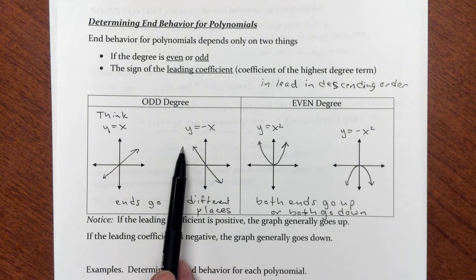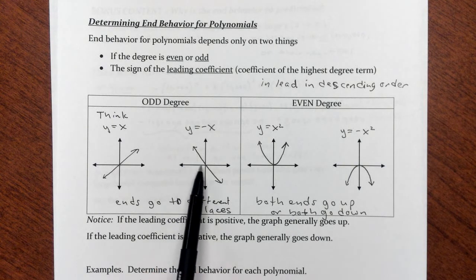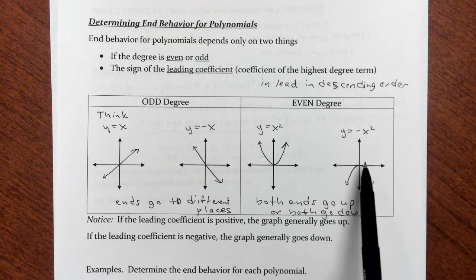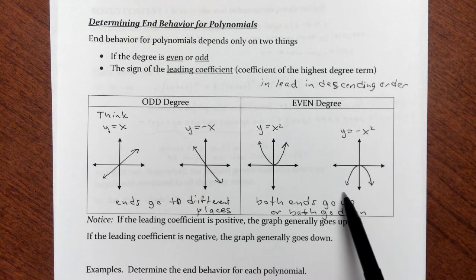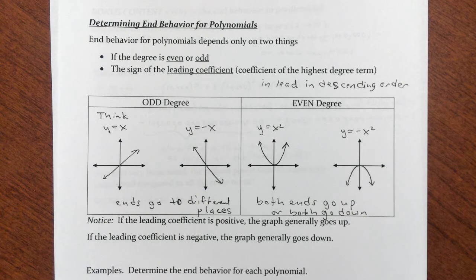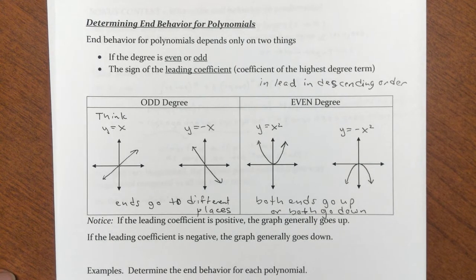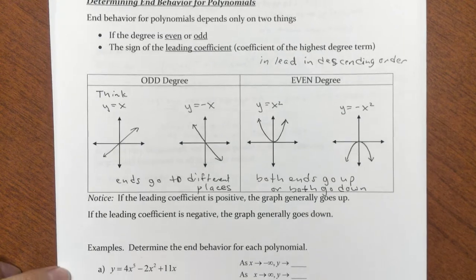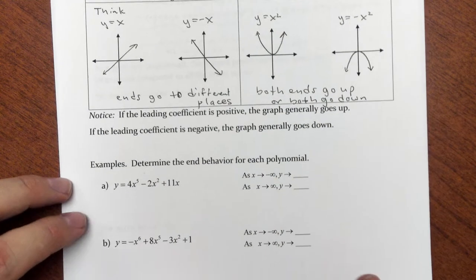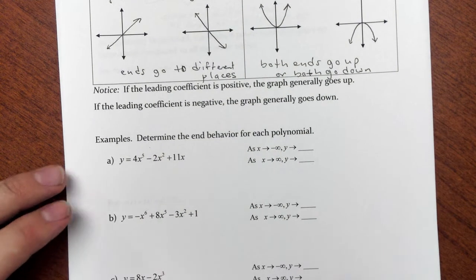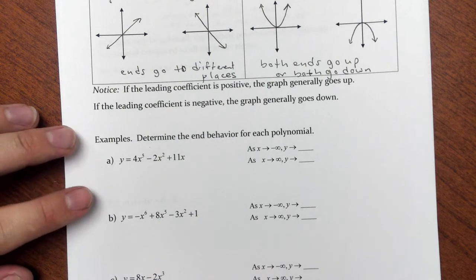In the case of an odd degree polynomial, it will go down from left to right. In the case of an even degree polynomial, both ends go down. So we want to take these ideas and put this together, and be able to just be given a polynomial and determine its end behavior based only on its degree and whether or not the leading coefficient is positive or negative.